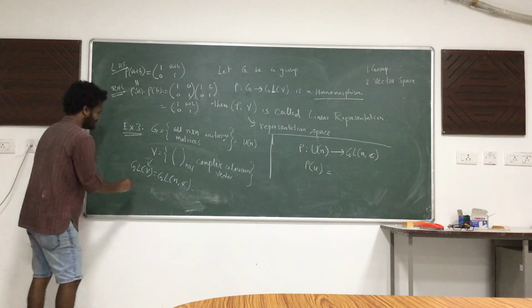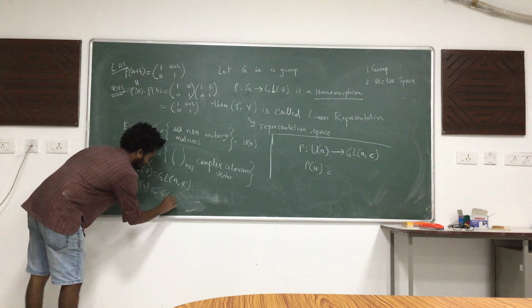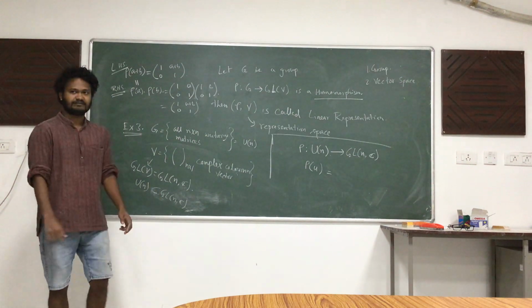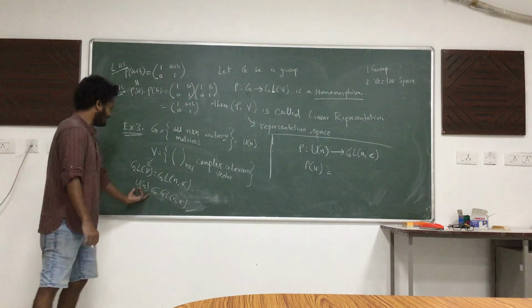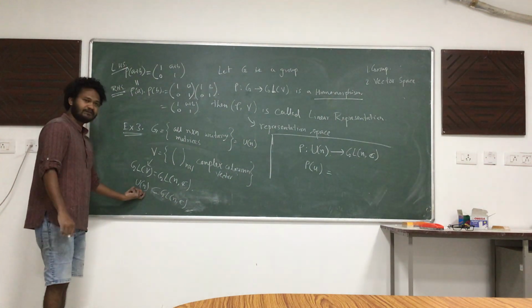Yes, what you said is essentially UN is a subset of GLNs. Because this is also an n cross n matrix, this is also an n cross n matrix, and this is invertible.